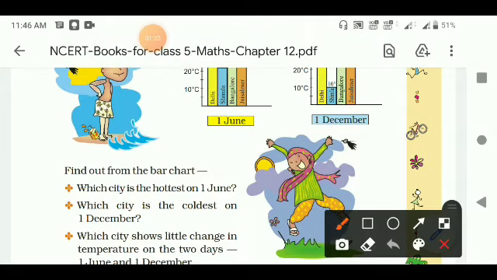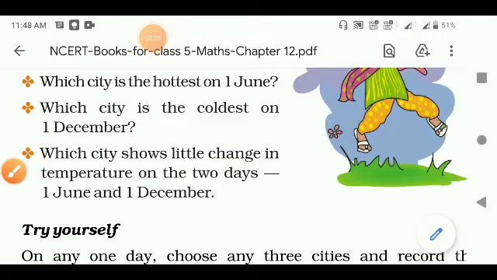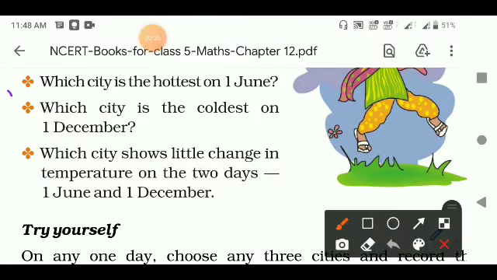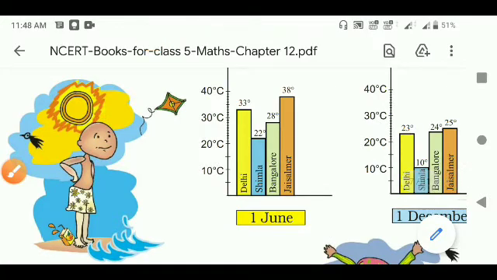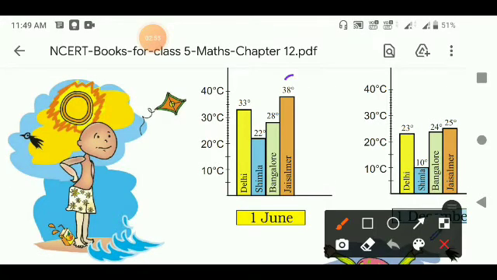Now here are given some questions. Find out from the bar chart. The first question is, which city is the hottest on 1st June? Let us see this in the bar chart. You can see here Jaisalmer has the temperature 38 degrees Celsius.